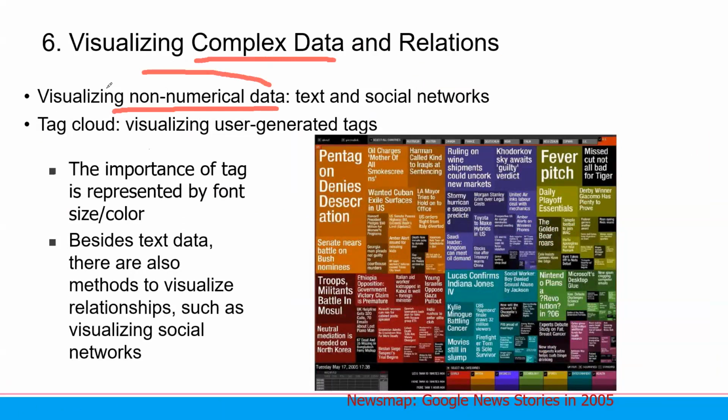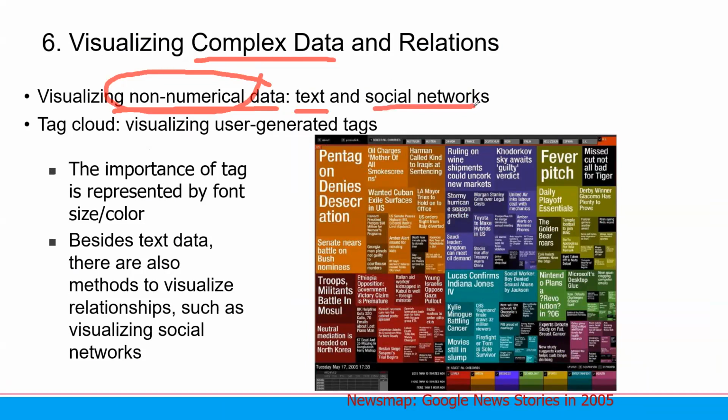Non-numerical data, we can see it as text. Text is a type of categorical data, but usually text is more than categorical. The categorical has very few distinct values, but text has many values.